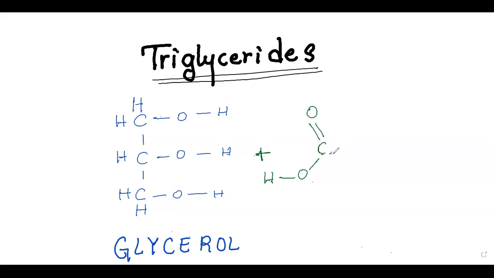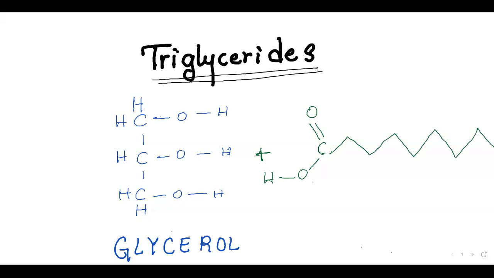Now, after that, we have a really long chain of carbon atoms, like a super duper long chain. We don't generally draw that long chain of carbon atoms. This is known as a skeletal formula, so we just draw a wriggly line to show that this is the long chain of carbon atoms that is present.